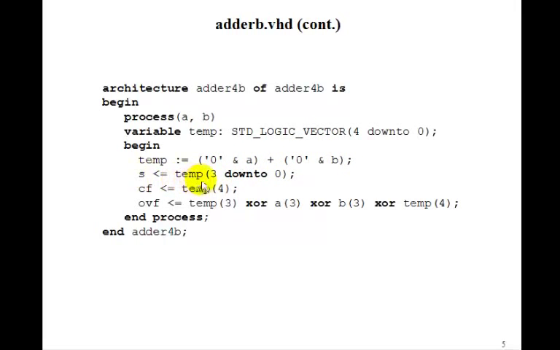The sum then is just temp 3 down to 0, the lower 4 bits. The carry flag is temp 4. And the overflow flag is temp 3, which is really the sum 3 exclusive ORed with A3, exclusive ORed with B3, exclusive ORed with temp 4, which is the carry flag out. So that was the logic equation that we had for the overflow flag.